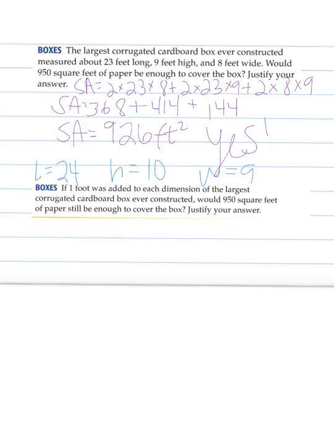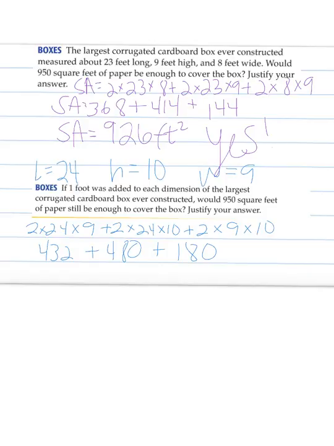Now, let's calculate surface area and see if it would be enough. 2 times length times width plus 2 times length times height plus 2 times width times height. 2 times 24 times 9, 432. 2 times 24 times 10, 480. 2 times 9 times 10, 180. Add all of these up.